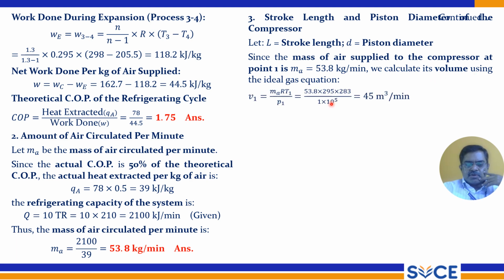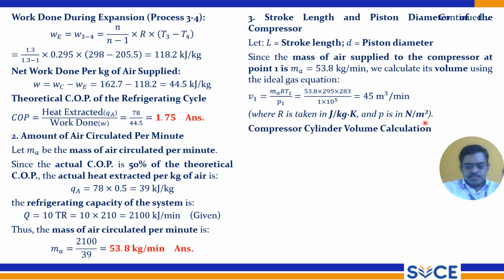V1 equal to MA R T1 divided by P1. So that comes around 45 meter cube per minute. Substituting all the values, we get 45 meter cube per minute, where R I have taken in joules per kg Kelvin, and P is in Newton per meter square.